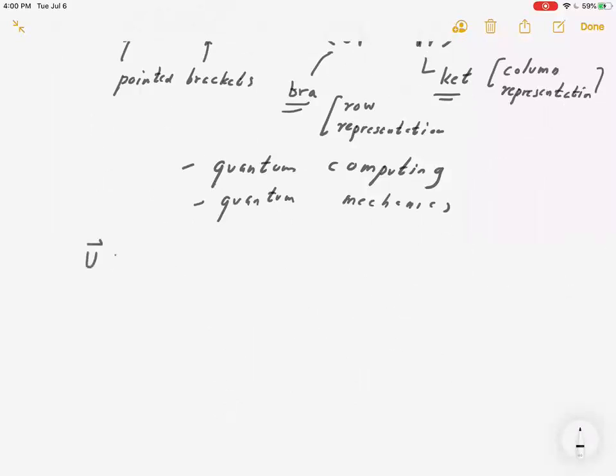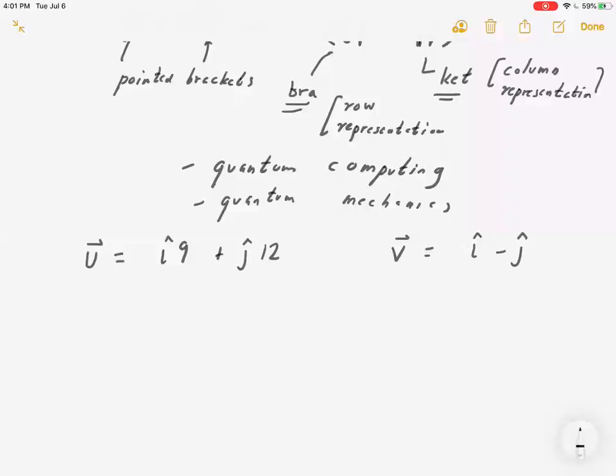Here's a vector u. It has a component in the x direction of 9 and a component in the y direction of 12. And here's another vector v. It has a component 1 in the x direction and a component -1 in the positive y direction.